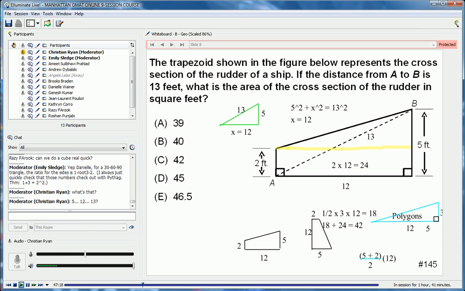Again, we've got the two roles where on the one hand, we have the 12 as a leg of a right triangle that we figure out using Pythagorean or the common 5, 12, 13.